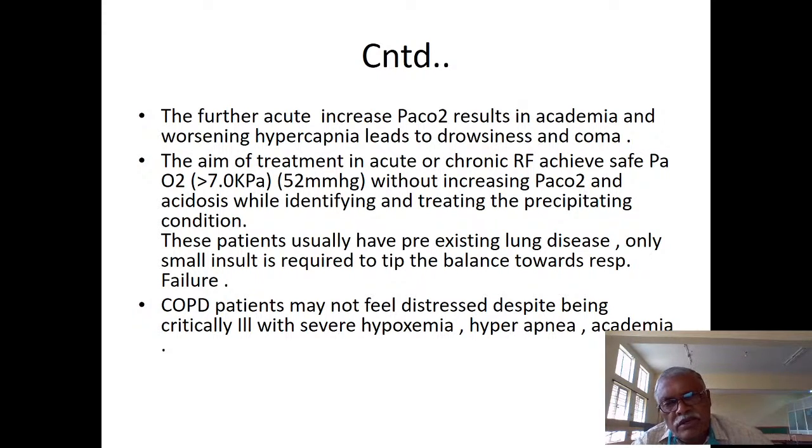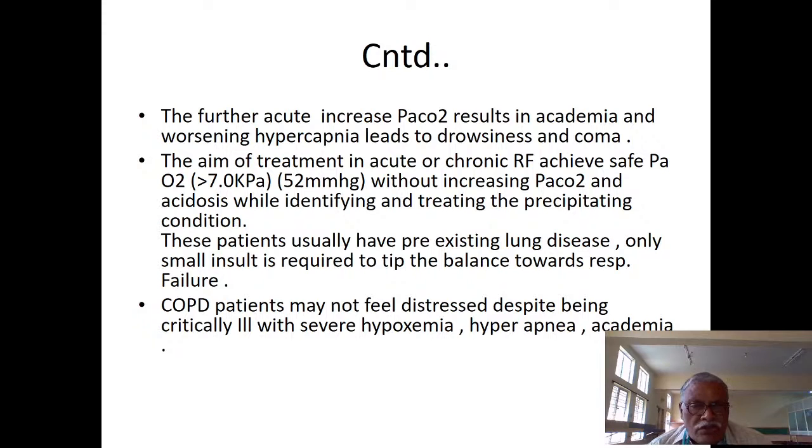The aim of treatment in acute or chronic respiratory failure is to achieve a safe partial pressure of oxygen of more than 7.0 kPa or 52 millimeters of mercury without increasing the partial pressure of carbon dioxide and acidosis, while identifying and treating the precipitating condition.